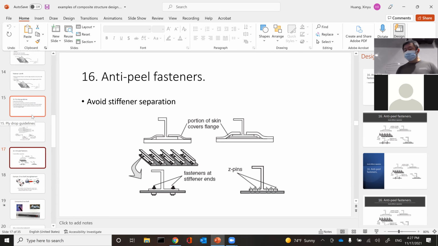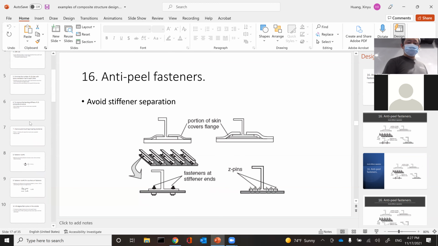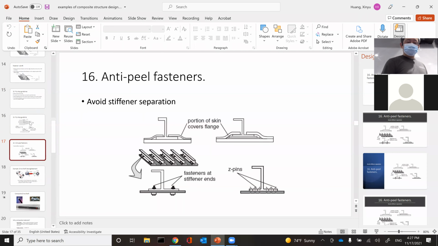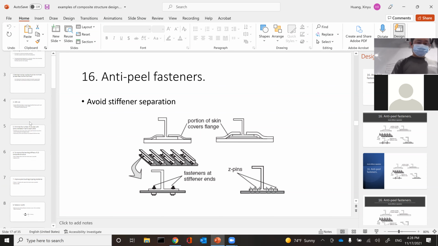I didn't cover those because we didn't talk about stiffened thin wall panels, so that's a little out of context. I picked the first 16, which I think are universally applicable in most composite structures. It's a very nice rule of thumb, so when you get a chance to do some design, keep this in mind.